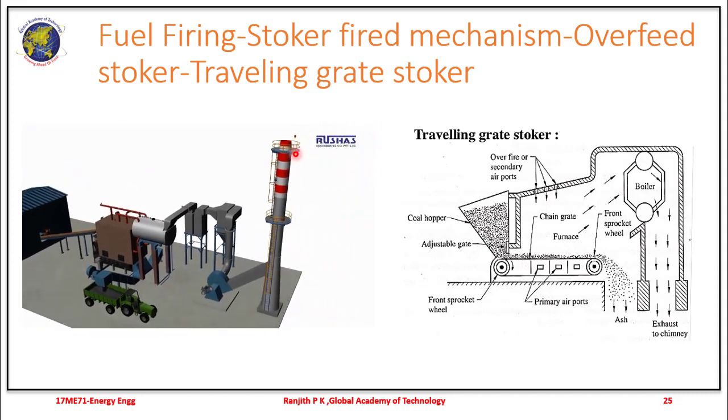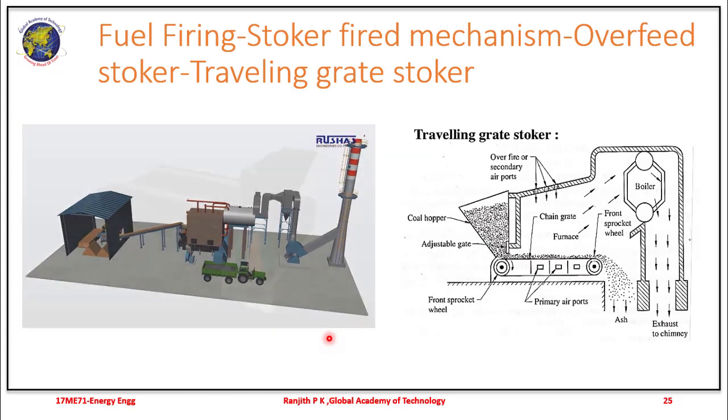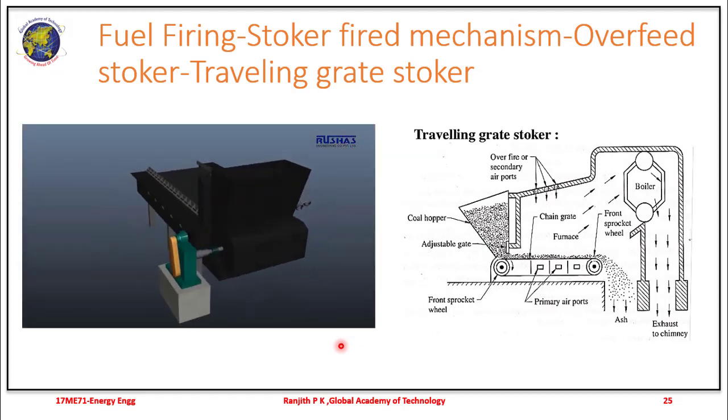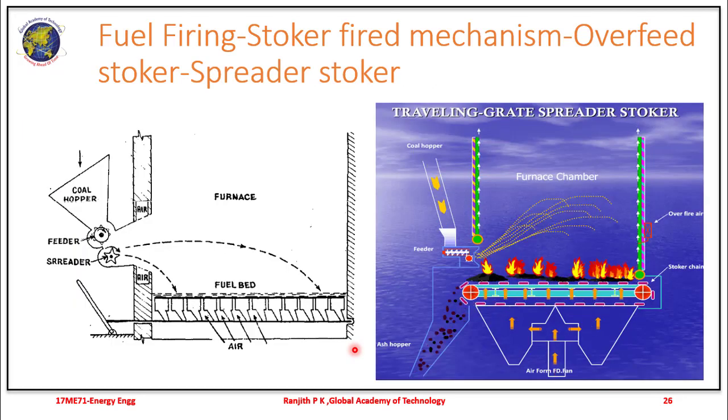And then from the boiler it is let out to the chimney. This is the chimney through which the exhaust comes out. That is how our traveling grate stoker works. The next one is a spreader stoker.